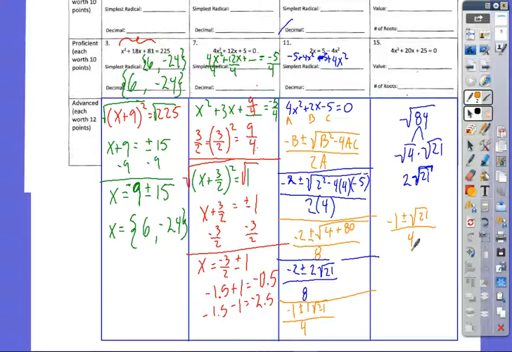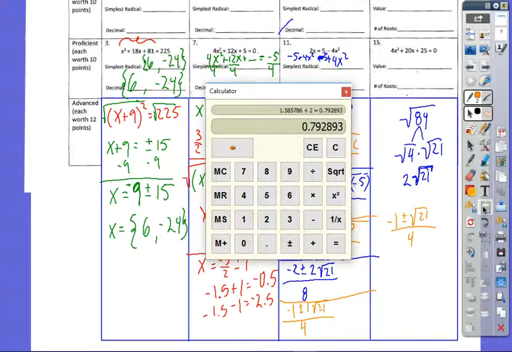So we know that to be true. But we also would like a decimal equivalent. So I'm going to pull out my calculator. And so we take the squirt of 21. Squirt. You know, just like the little turtle in Nemo. No, it's the jellyfish.